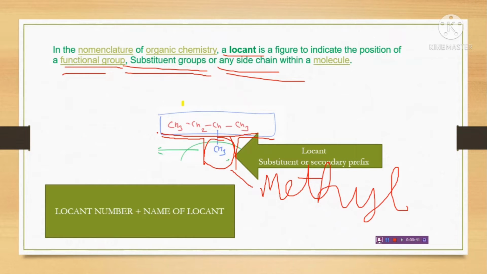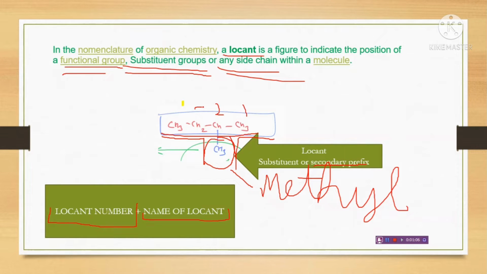Now let us see how we are going to give the IUPAC name of a compound when we get a locant. When we get a locant, we need to put a secondary prefix. This consists of two things: the locant number and then the name of the locant. Let us find first how to put the locant number. To put the locant number, we need to find the position of the locant in the chain.